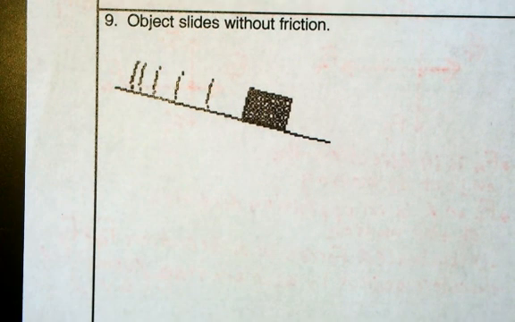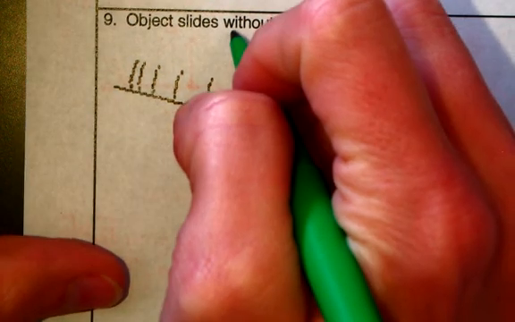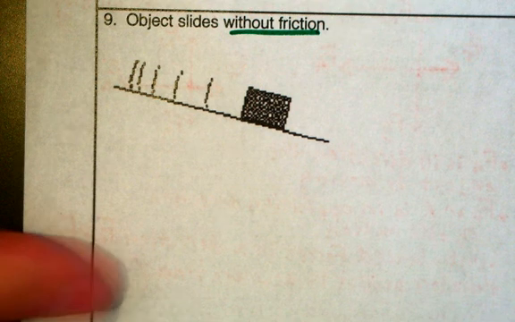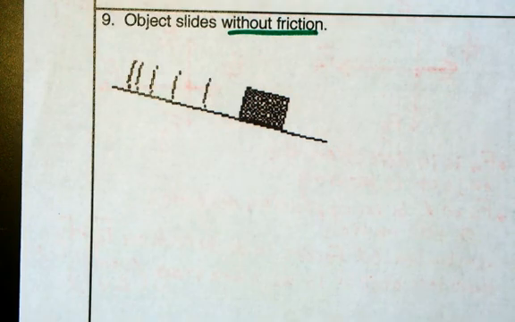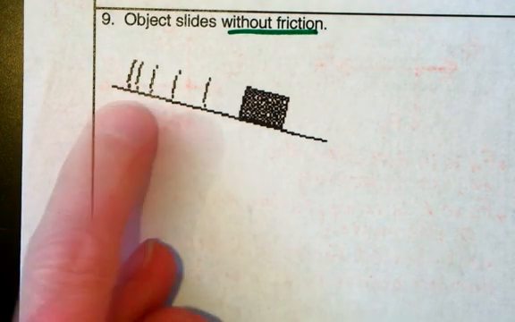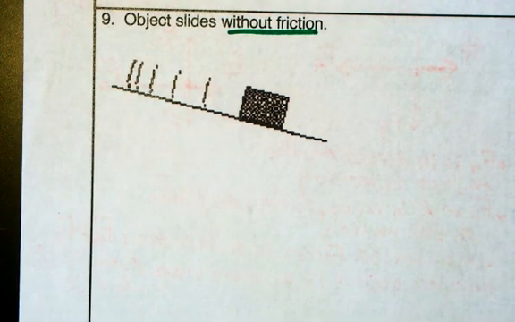All right, so this next one, what's some of the wording in here that you really need to pay attention to? So this slides without friction. Because it's sliding, we know that we're in motion. They try to designate that motion by the wind behind the object.